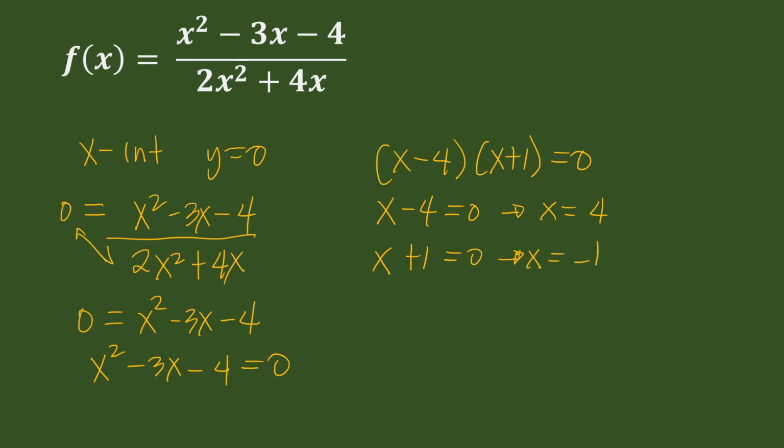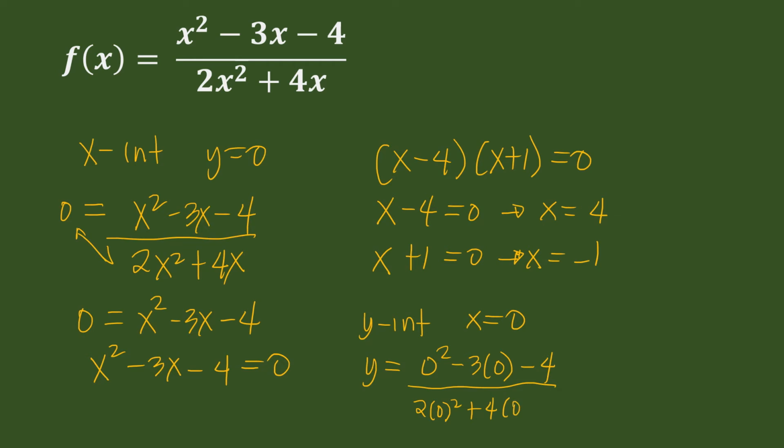Next, solving for the y-intercept, we will have x = 0. So y is equal to (0² - 3 times 0 - 4) over (2 times 0² + 4 times 0).